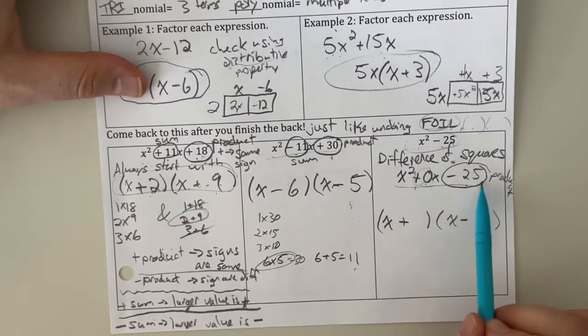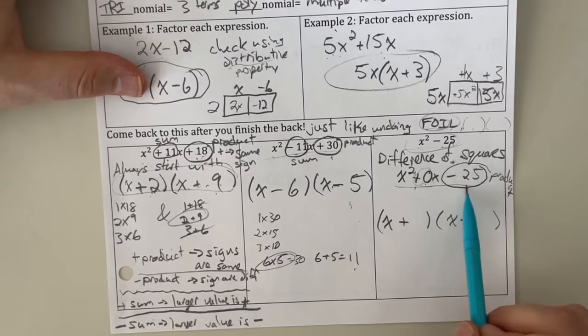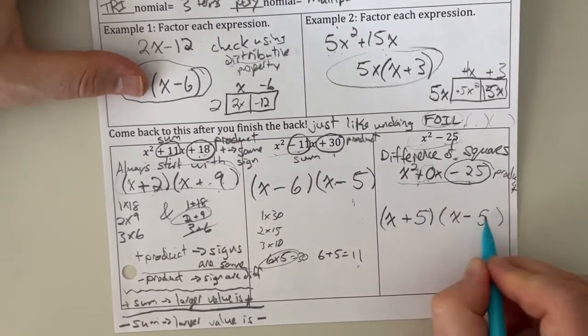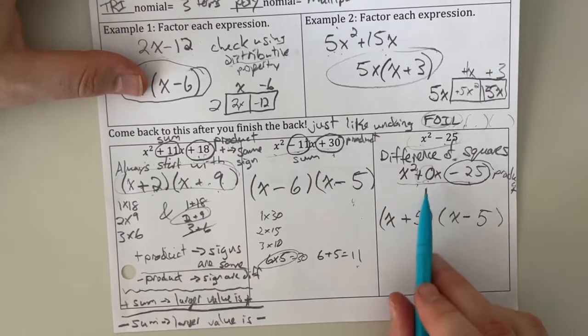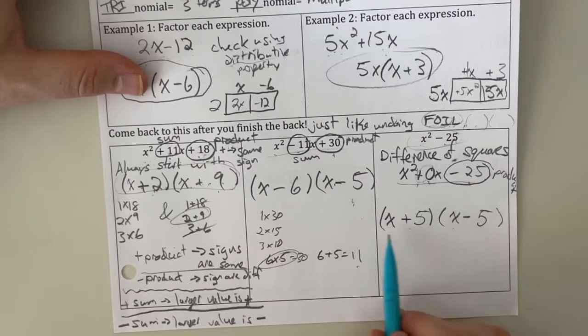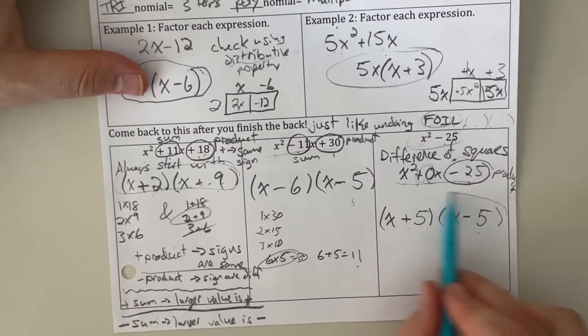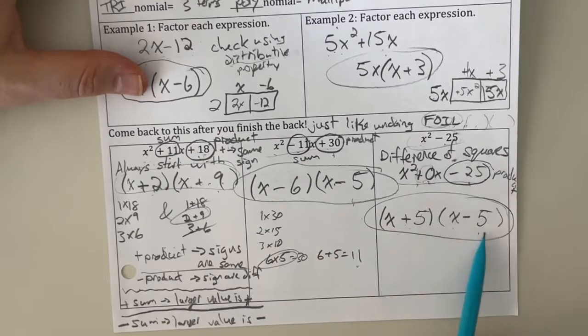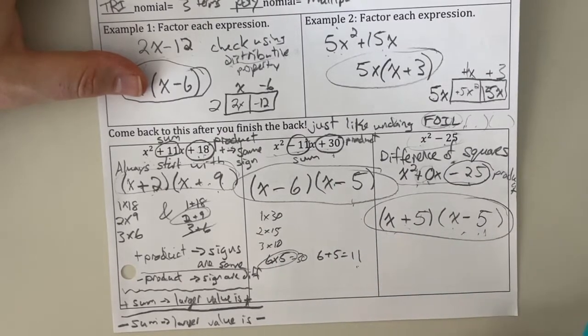So what are 2 numbers multiplied together that are the same that give you 25? You guessed it, 5 times 5. And since the middle term is 0, that means we have a positive 5x and a negative 5x. So those cancel out. Our answer is always going to be in that form where you have 2 sets of parentheses, 2 packages multiplied together.